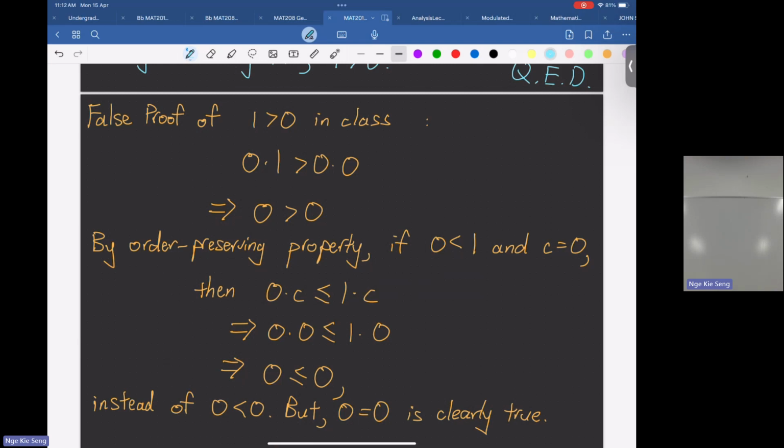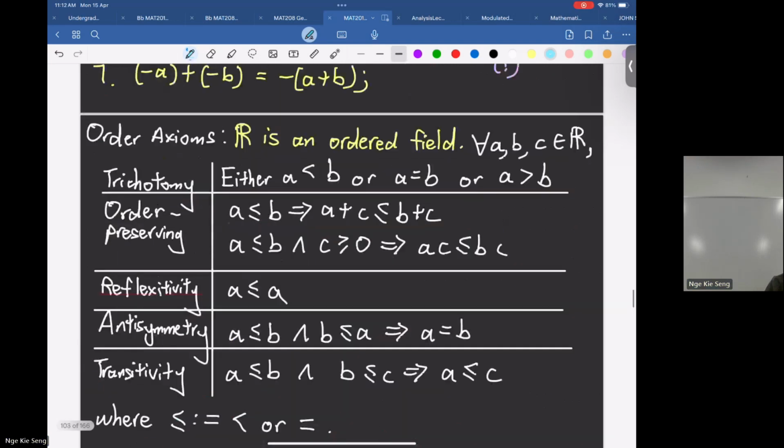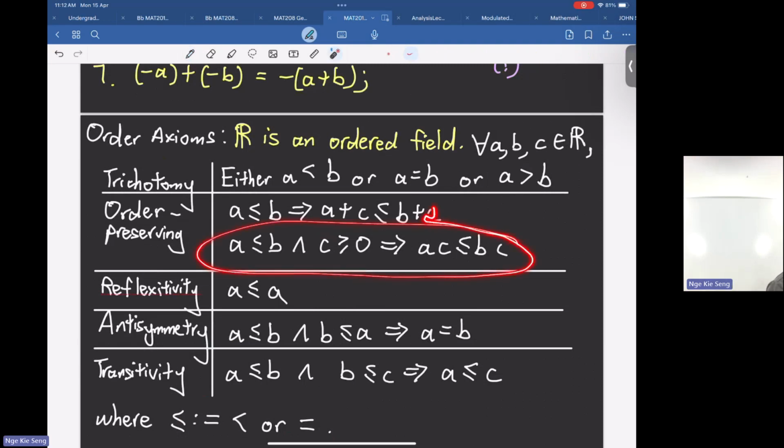Why? Because in the order preserving property, what you get is less than or equal to. Let me come back to this order preserving property here. If you look closely, if A is less than or equal to B and C is greater or equal to 0, what you get is AC less than or equal to BC.